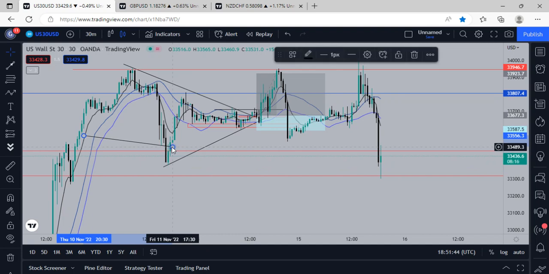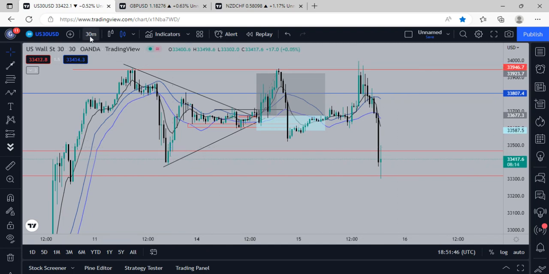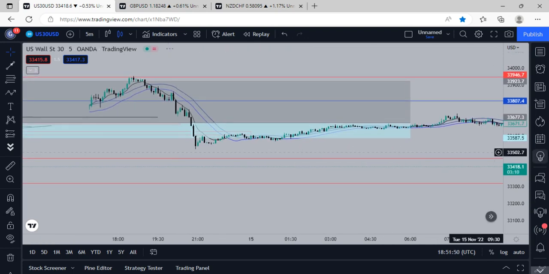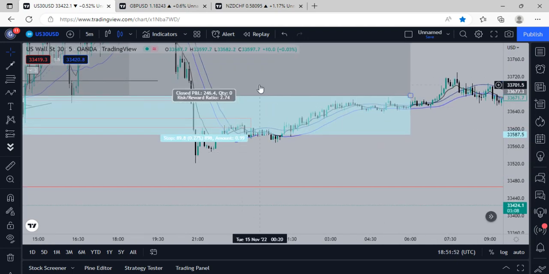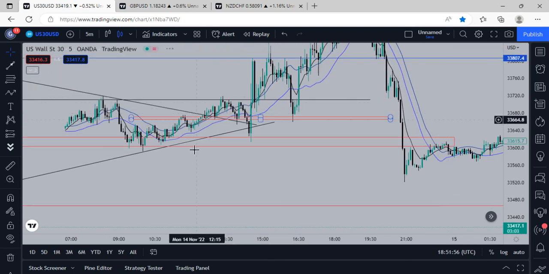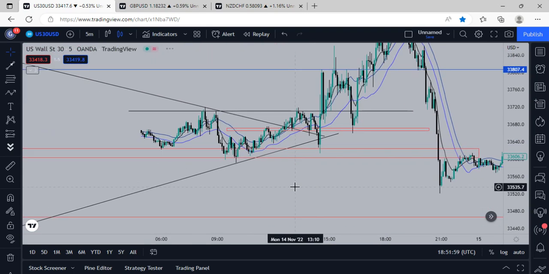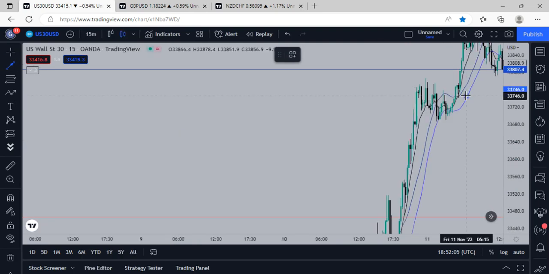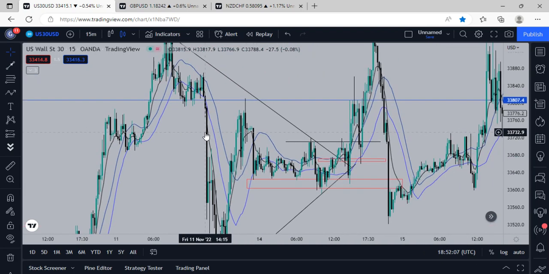But I had anticipated price to buy, because what we had over here, okay, if I could just take out this, so with this trade, we had a symmetrical triangle. If you just go to the 15-minute charts, I think that'll be better.